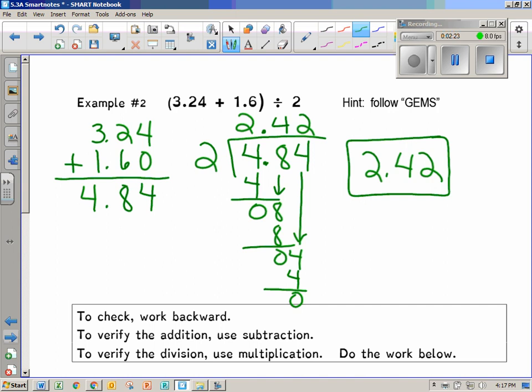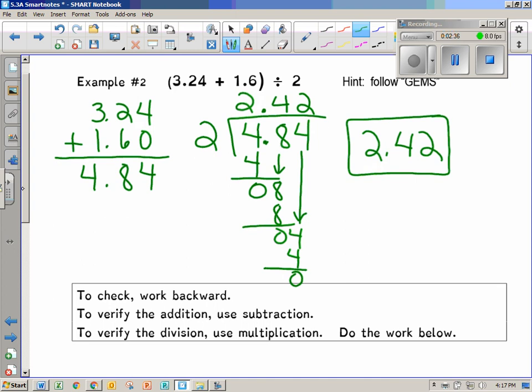To check this problem, and I'm really encouraging you to check in this decimal unit, because I've got you working with a partner. That's one way to check, 2 people doing the same thing. But we can also reverse the order. For example, we can check this addition by subtracting. We could take 4.84 and subtract 1.60 and we should get 3.24, or we could subtract 3.24 and we should get 1.60.